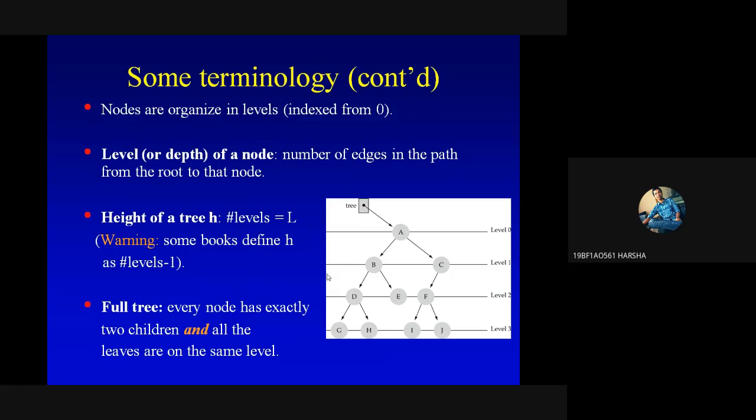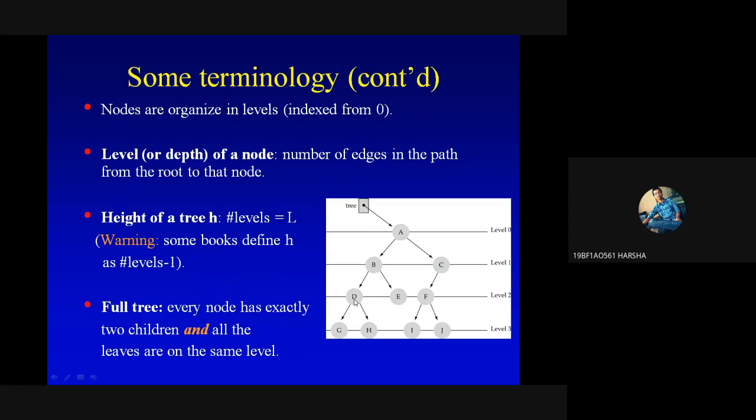Nodes are organized in levels. In trees, nodes are organized in levels: level 0, level 1, level 2, level 3 and so on. The level of a node is the number of edges in the path from the root to that node. B is level 1 because it has one edge from the root.